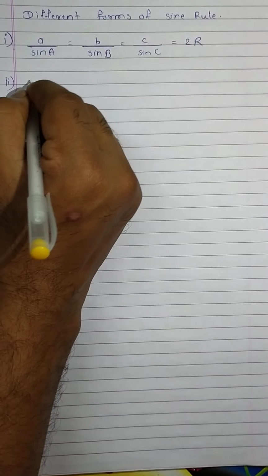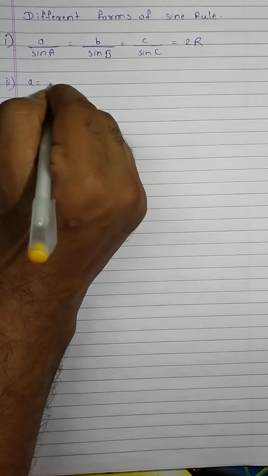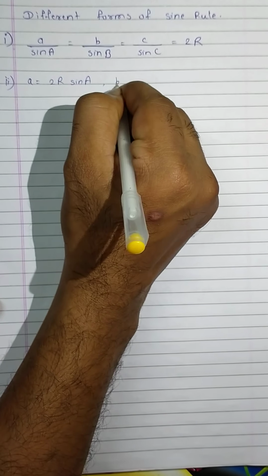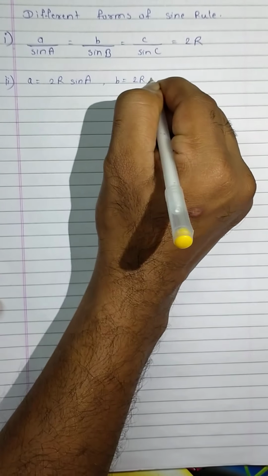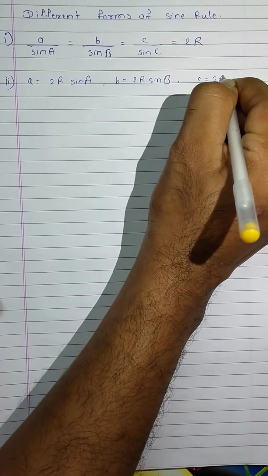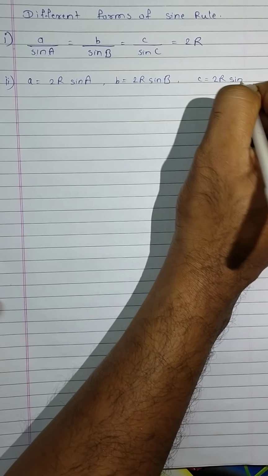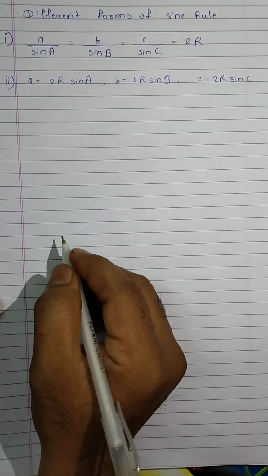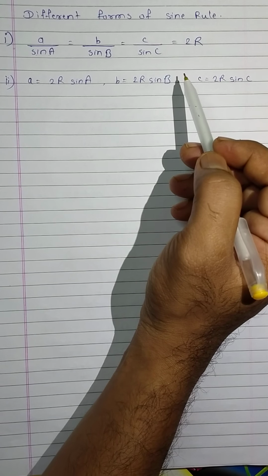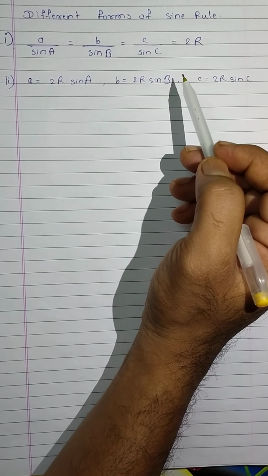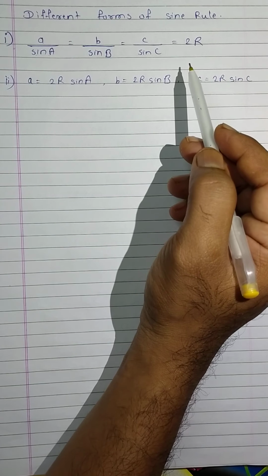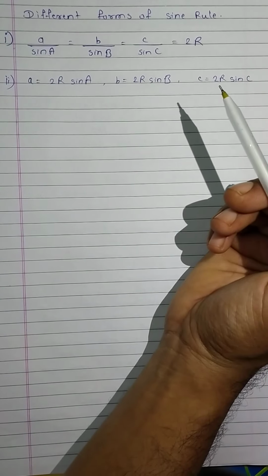So we can write a is equal to 2r into sine A. You can easily get this by just transferring the denominator sine A to the right hand side. Consider 2r as a constant, because r is the circumradius for the given triangle, a fixed distance between two points, so it is a constant.